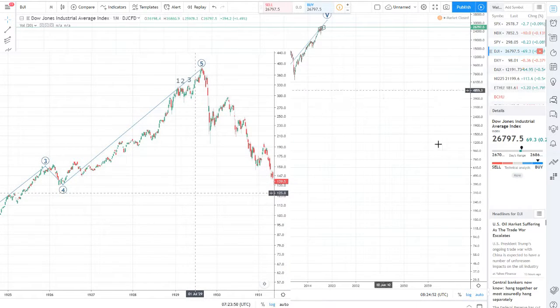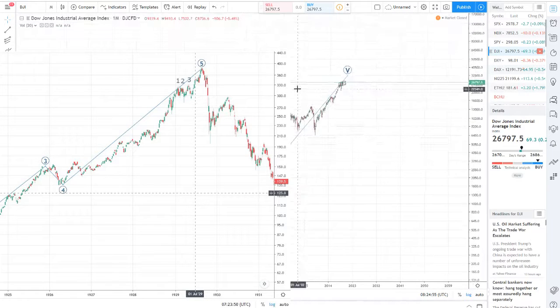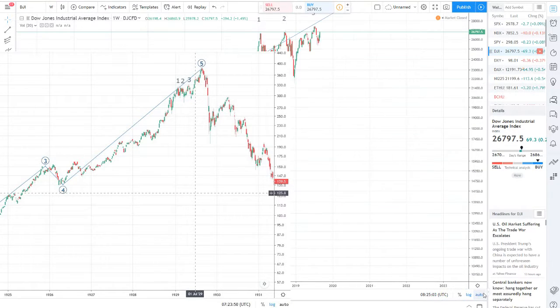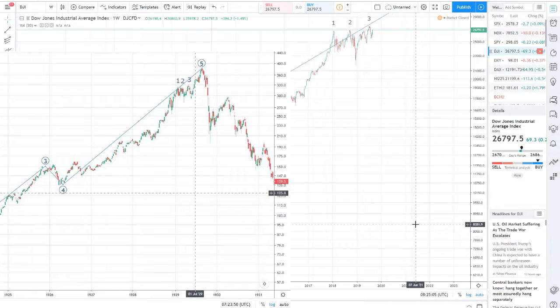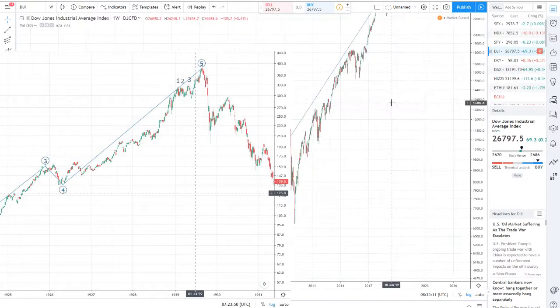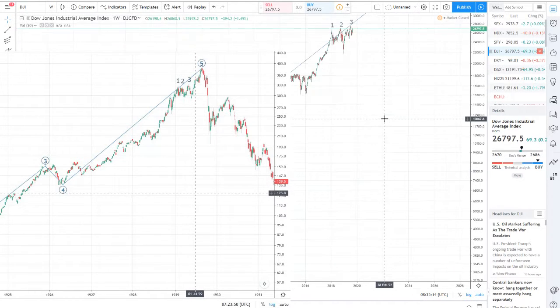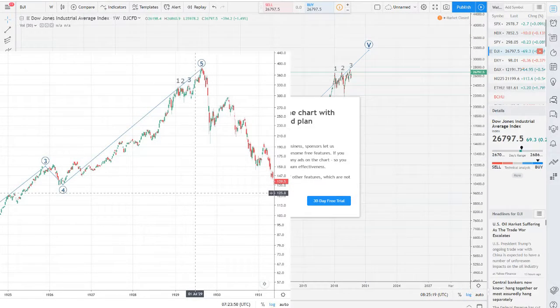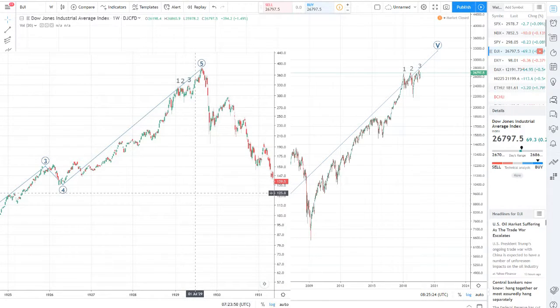So what I mean by that is, if we zoom in to the current wave here, and I'll switch to weekly chart here, put back on auto. You basically see a quite similar pattern here.